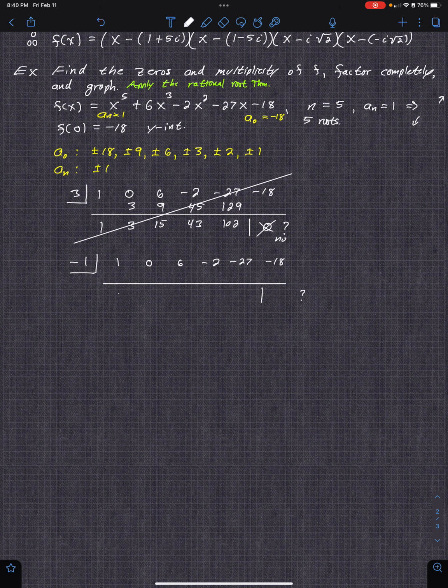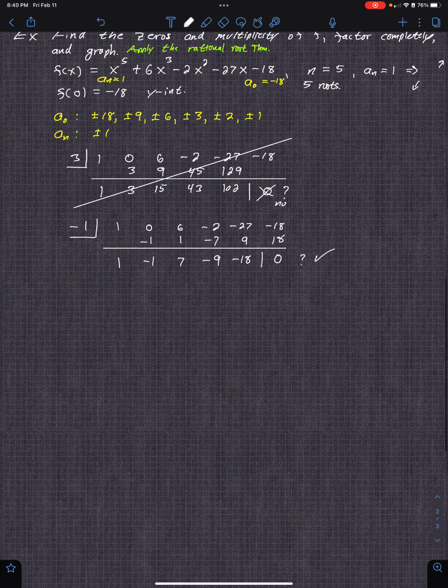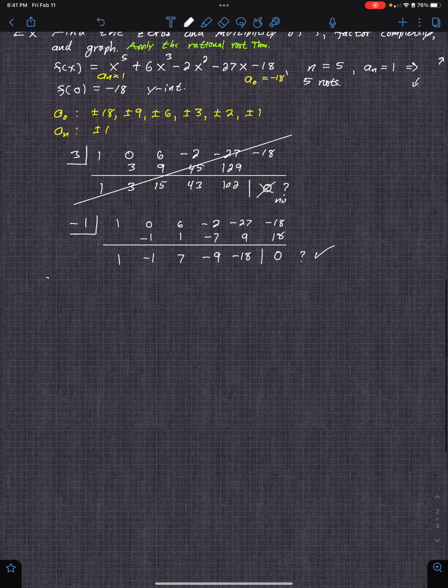And we're back, so bring down the 1, multiply, add, multiply, add, multiply, add, multiply, add. Oh, look. Multiply and add. Yay, that worked. Okay, so that worked. 0 remainder. So now, and you wouldn't necessarily write this here, but I just want to show you exactly what's happening.